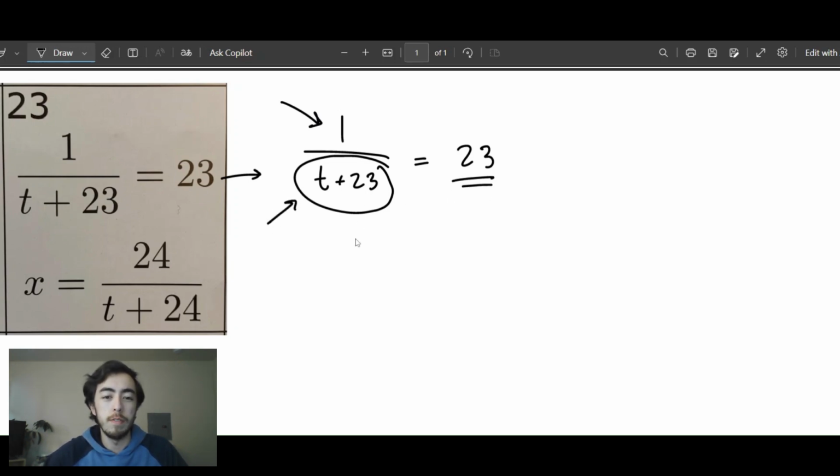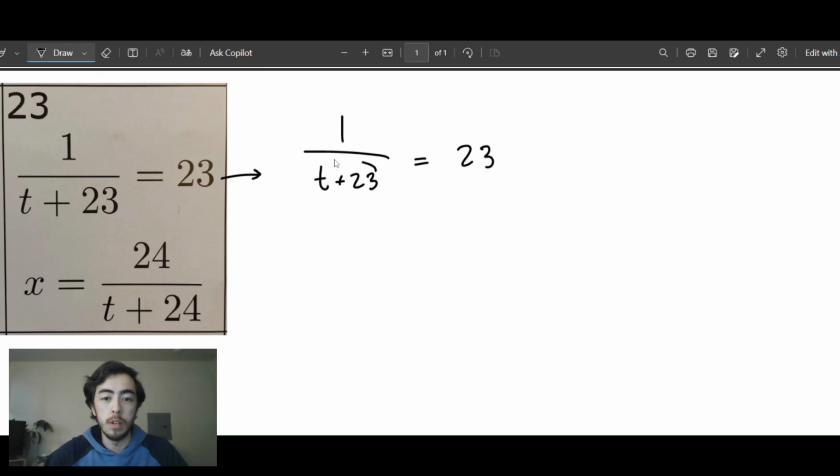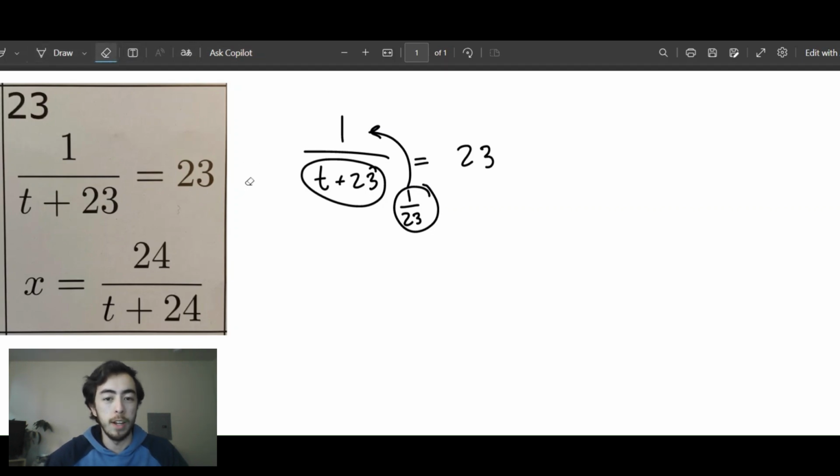I essentially need to fit 23 of them in the number 1, thinking about this fraction as a division problem. So this number here should be 1/23, because 23 of this number fits in the number 1. Again, thinking about fractions as division tells me that that's the case.